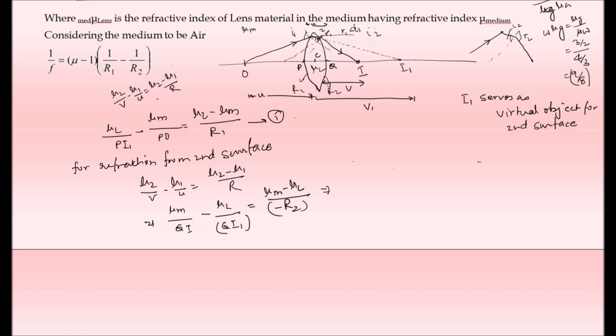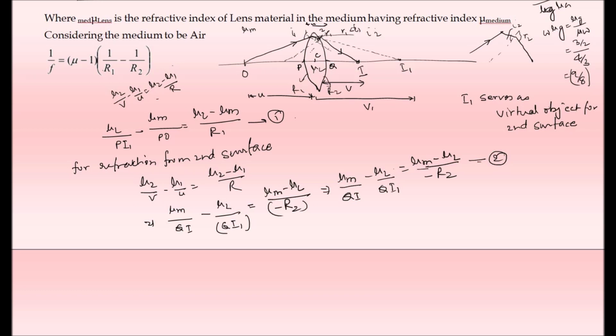So the equation will be mu m by Qi minus mu l by Qi1 is equal to mu m minus mu l divided by minus R2. So this is our equation 2.